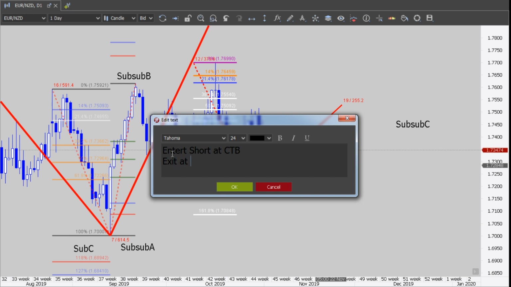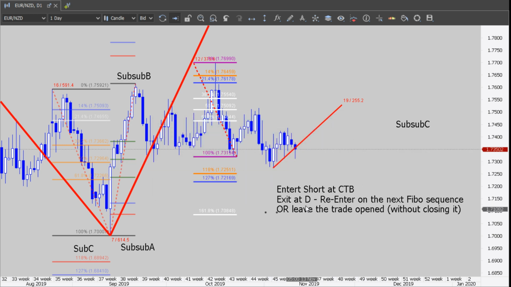Exit at D and re-enter on the next Fibonacci sequence, or leave the trade open without closing it. Okay, this is the plan.